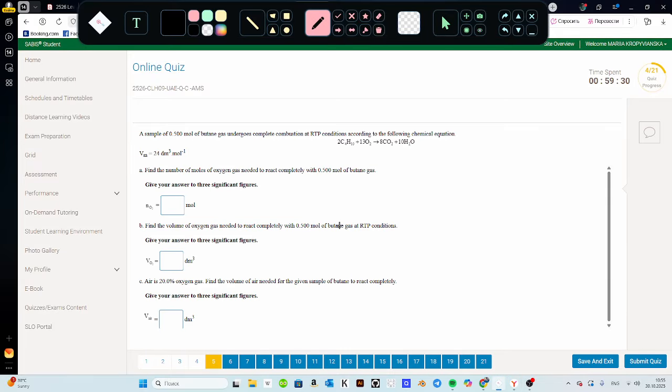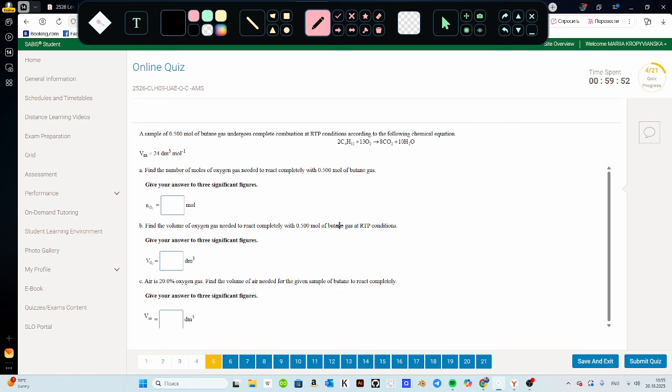Now, a sample of 0.500 mole of butane gas undergoes complete combustion at RTP conditions according to the following chemical equation. Also balanced, wonderful. We're trying to find the number of moles of oxygen gas. So here we're going to be using the stoichiometric ratio.